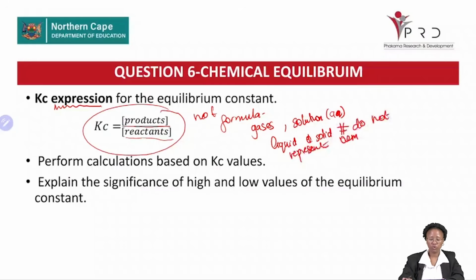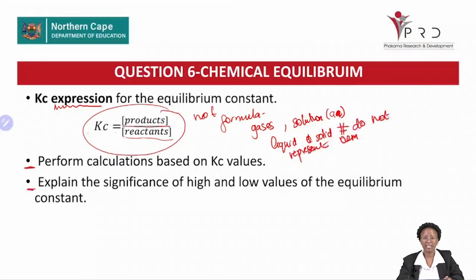Another thing to remember is that the Kc value will tell you a lot. You will see the significance of the Kc when we talk about that. The next thing that I want you to look at is how to do the calculations. There are so many calculations of the Kc, and most of us don't even attempt them, or when we attempt them, we don't get to the finish line.